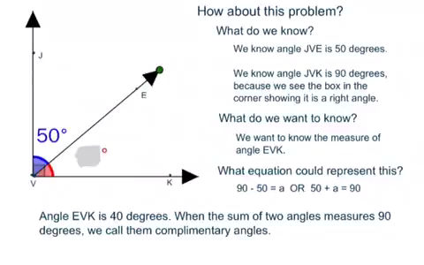This is 40 degrees, right? And another term for you, complementary angles. When the sum of two angles measures 90 degrees, we call them complementary. So now you know complementary angles and supplementary angles, right? Make sure you have good notes on these things, and when you do, come on back.